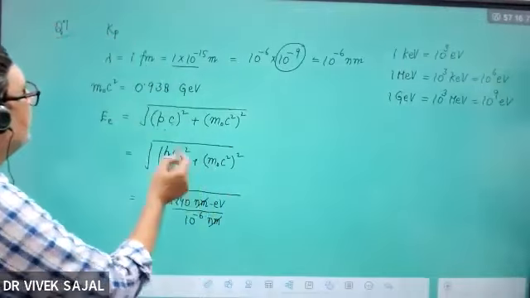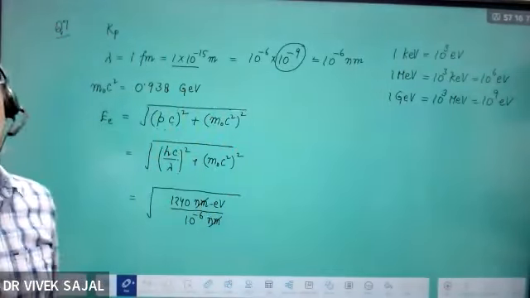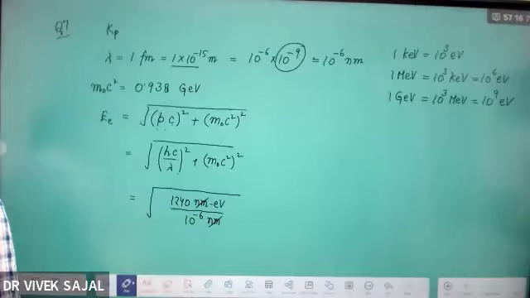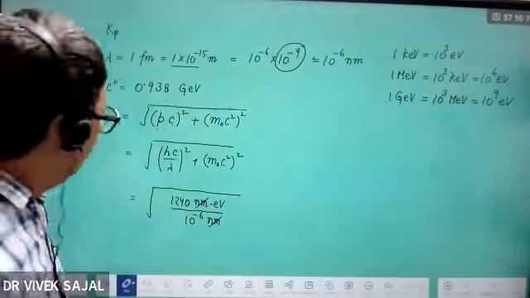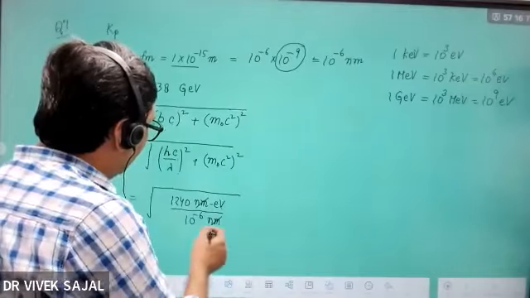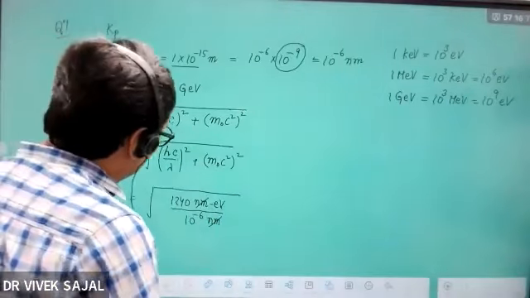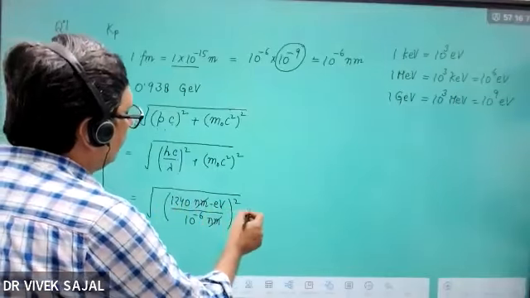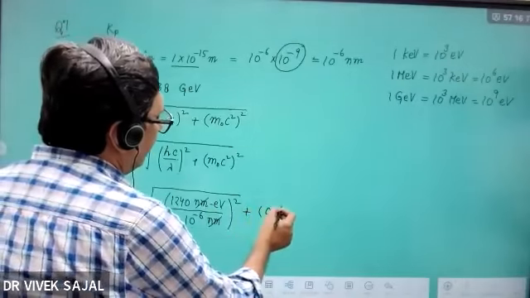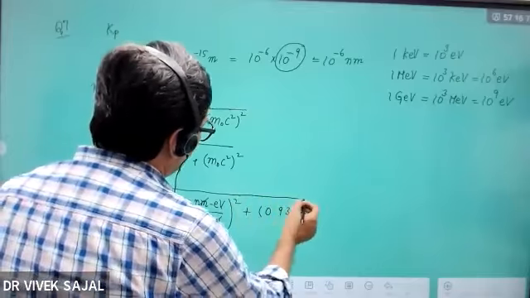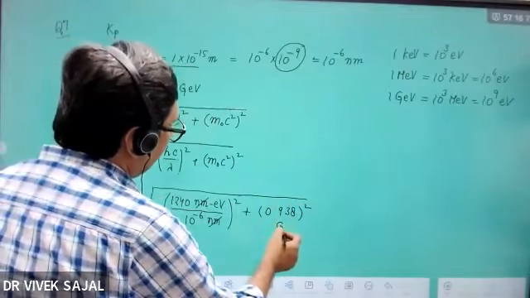Now you can write this in MeV or whatever is your choice. You can convert it into any unit. Here this is electron volt. Actually, I want to solve it in an easy way, without doing the conversion.